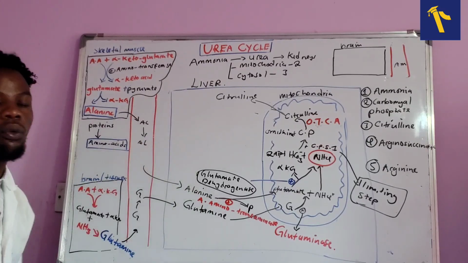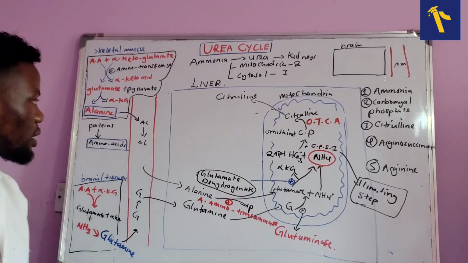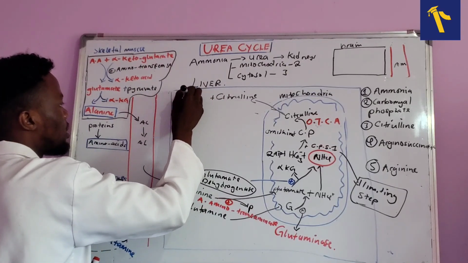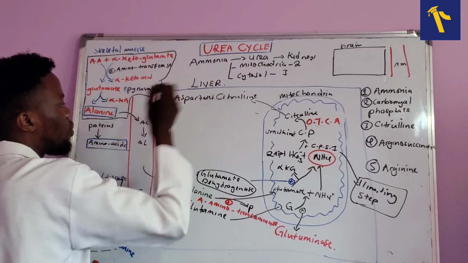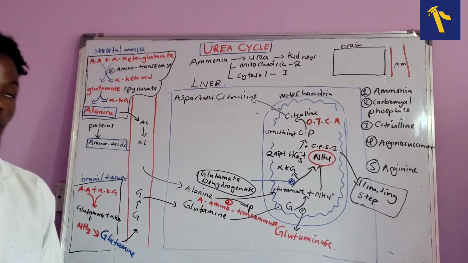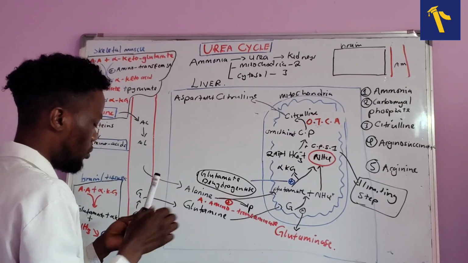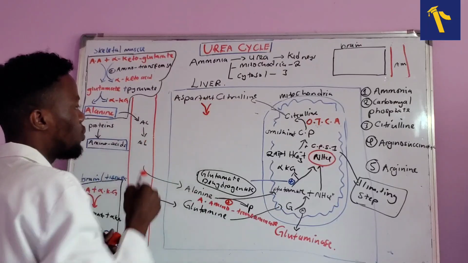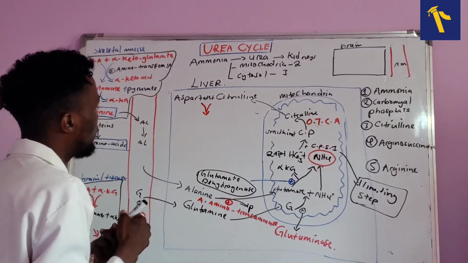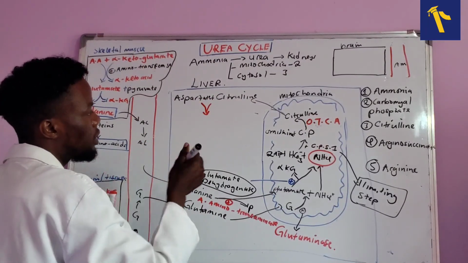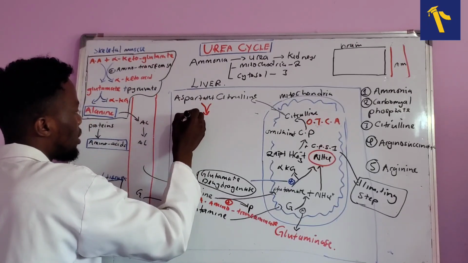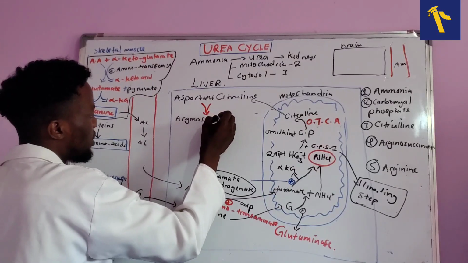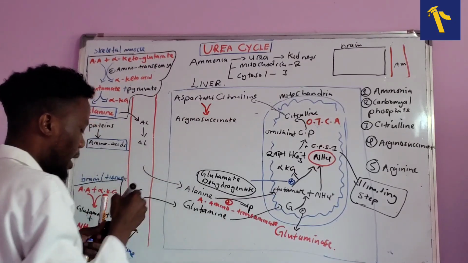Okay, now what's going to happen here? Citrulline will start combining with another molecule. What is that molecule? Citrulline is going to combine with what we call aspartate to produce argininosuccinate.